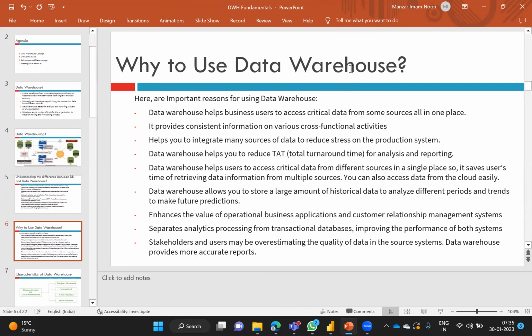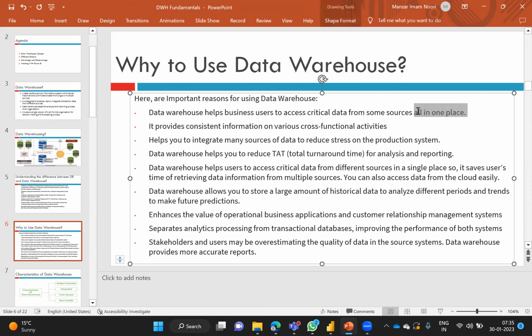And why use a data warehouse? We had already seen that it reduces a lot of complexity, because we are going to use the data modeling technique where data is in denormalized form. It helps business users access critical data from all sources, all in one place. So business users need not connect to all the different sources to get the data.